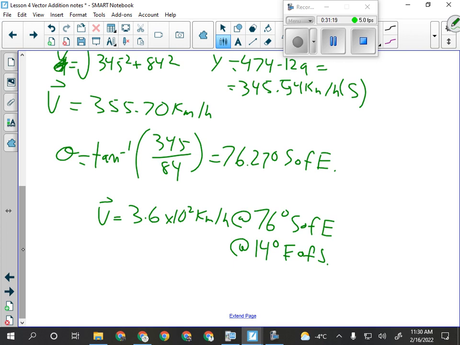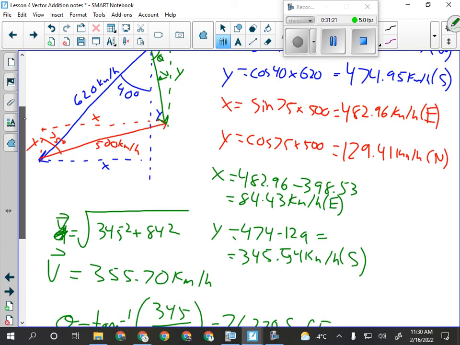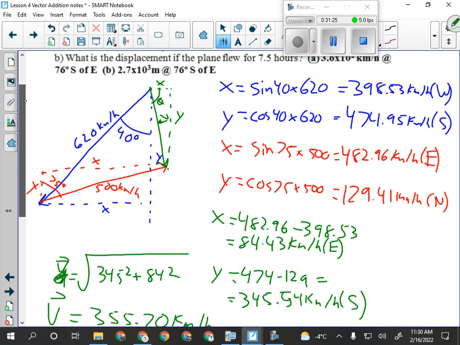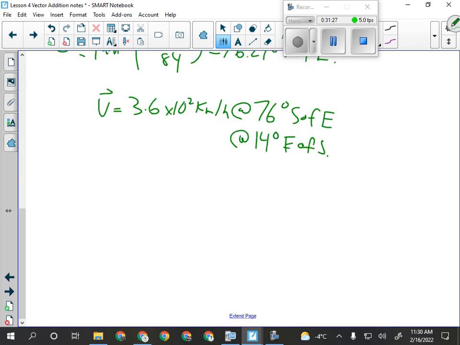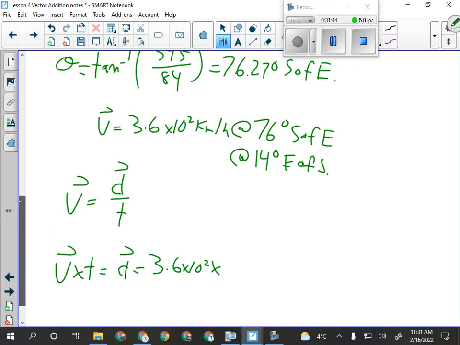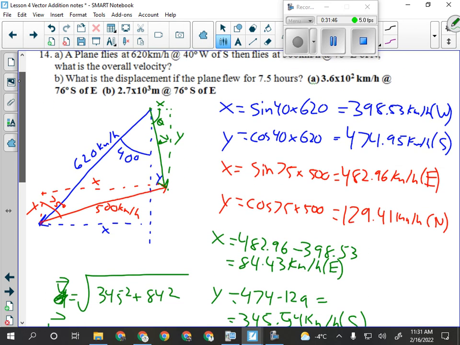The second part of the question asks us to calculate the displacement if the plane flies for 7.5 hours. All right, so V equals D over T. I'm solving for D this time. So V times T equals D. That'll be our 3.6 times 10 to the 2 times, what was it, 7.5 hours.